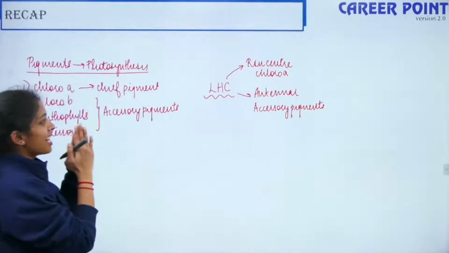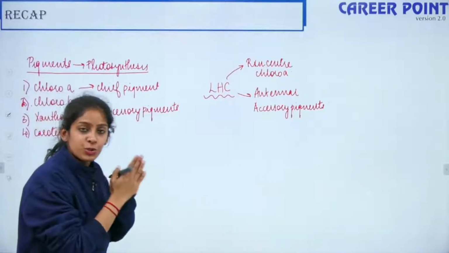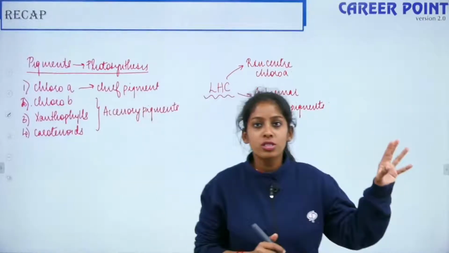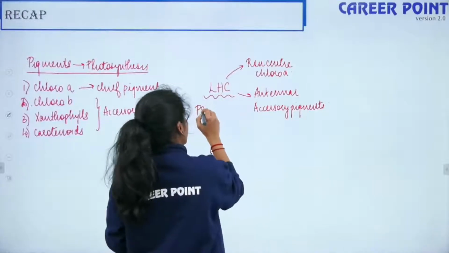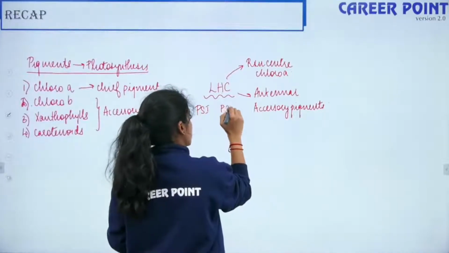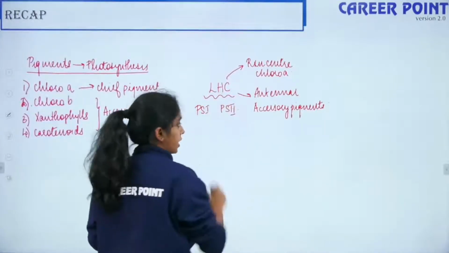This LHC is organized into systems called photosystem 1 and photosystem 2. These photosystems are named in the order in which they were discovered, not in the order in which they work.